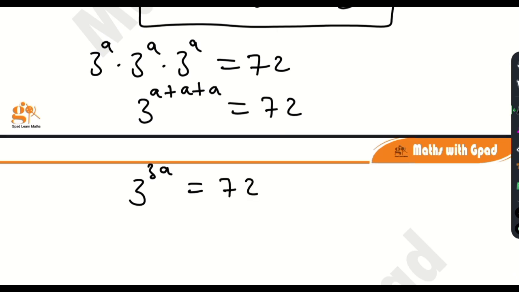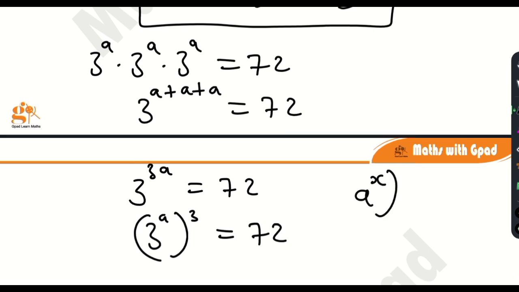Now, I am going to express this as 3 raised to power a, all times 3, is equal to 72. Because from one of the laws of indices, if you have a raised to power x, all raised to power y, this can be expressed as a raised to power xy. So that's what I just did. I just put a bracket, but the exponent of a and 3 are actually going to multiply themselves to give you 3a. So nothing has really changed.